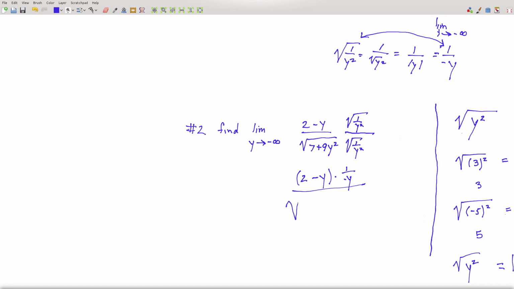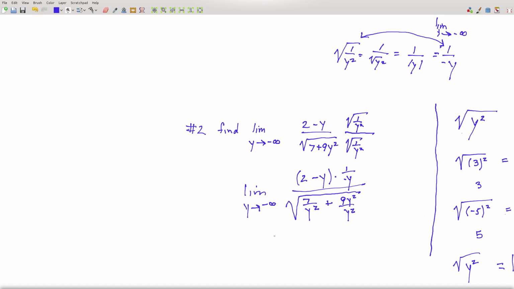But we do have this big square root on the bottom. 1 over y squared times 7 becomes 7 over y squared, plus 9y squared times 1 over y squared is 9y squared over y squared. Can you tell that things are going to simplify a little bit? Keep in mind that this is still the limit as the y's head towards negative infinity, right?